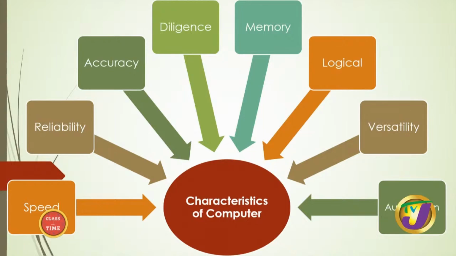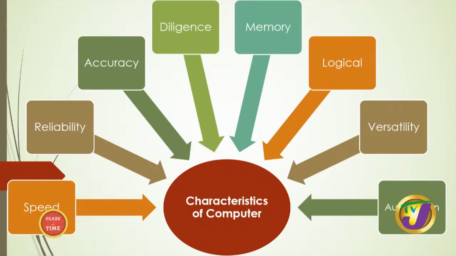We are now looking at the characteristics of computers. There are many characteristics of using the computer, but we have the main ones here on screen. Because the computer is used widely around the world in businesses to ensure that businesses run efficiently, we need to ensure that the characteristics that are necessary and important are with the machines that we purchase.